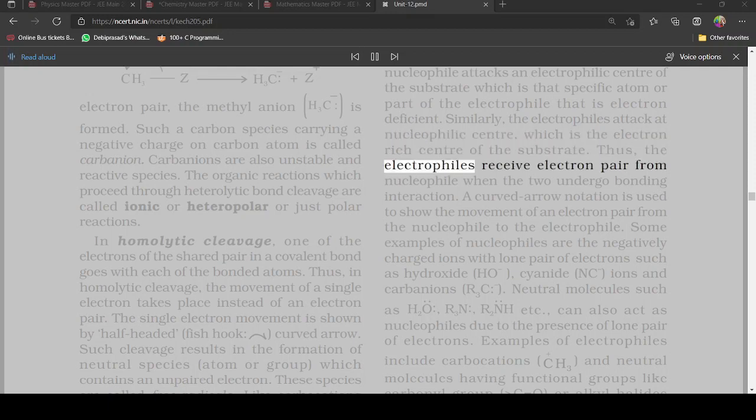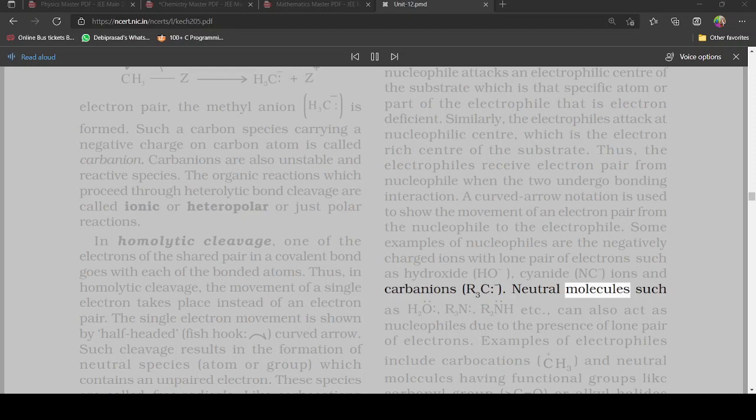Thus, the electrophiles receive electron pair from nucleophile when the two undergo bonding interaction. A curved arrow notation is used to show the movement of an electron pair from the nucleophile to the electrophile. Some examples of nucleophiles are the negatively charged ions with lone pair of electrons such as hydroxide, cyanide ions and carbanions, R3C-.